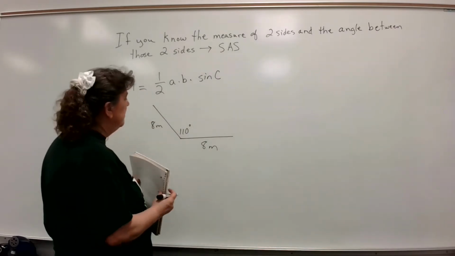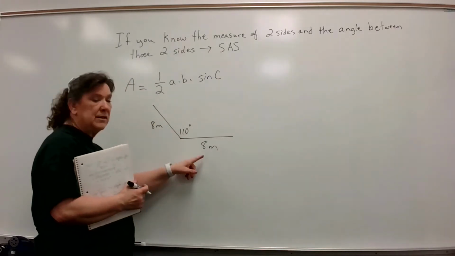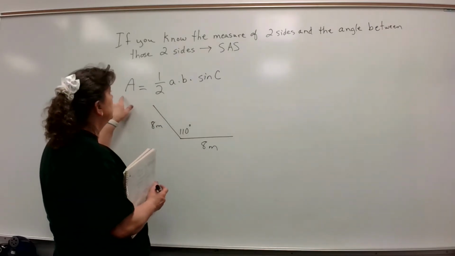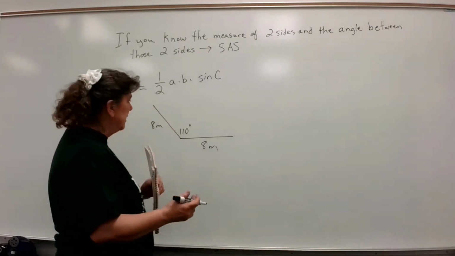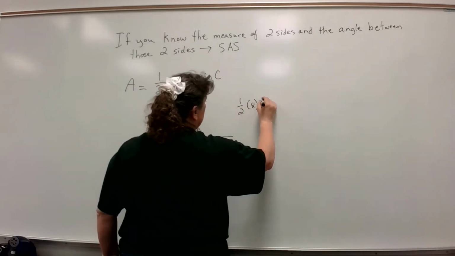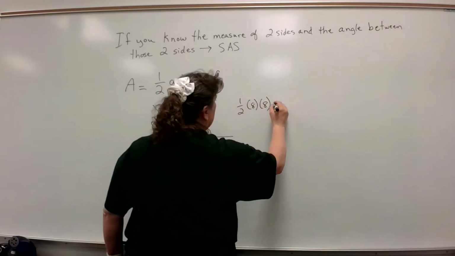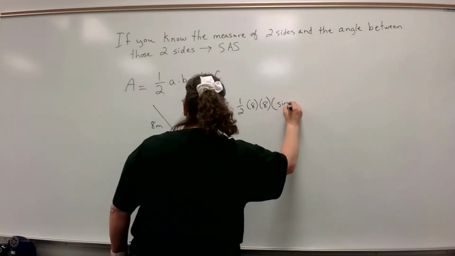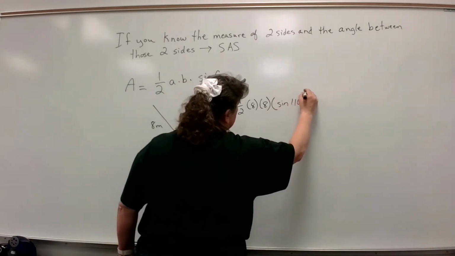Again, we have the side, the angle, and the side, so we can use our trig formula here of 1/2 times 8 times 8 times the sine of 110 degrees.